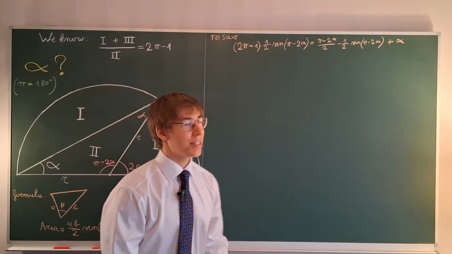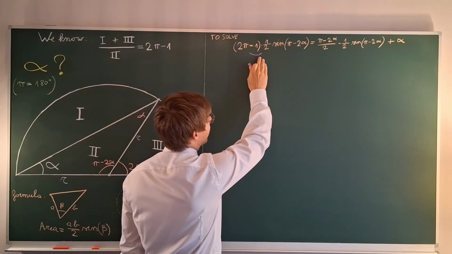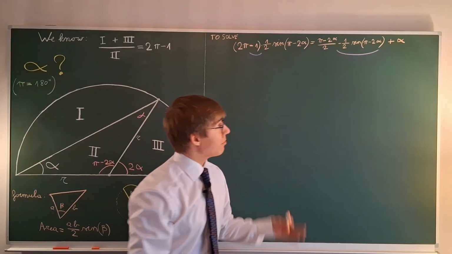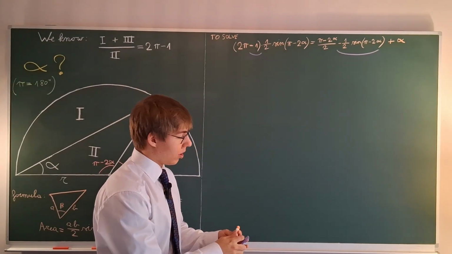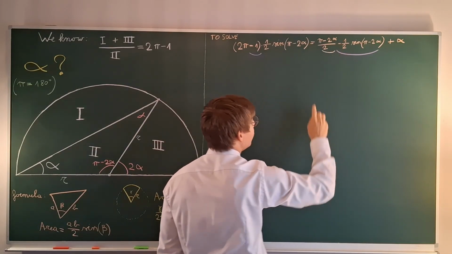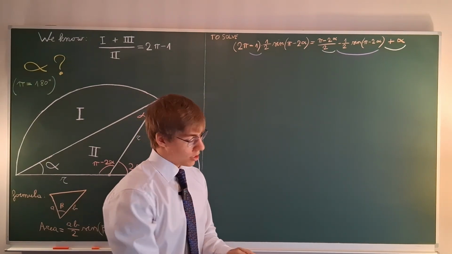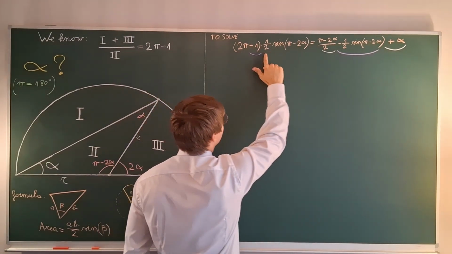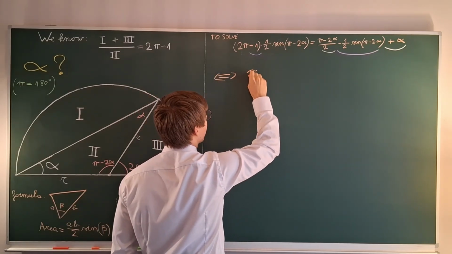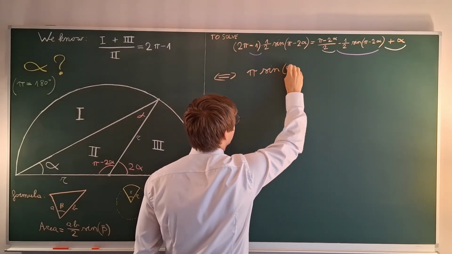So what is left to solve is this equation. Now notice that if we distribute this minus 1, that this will cancel out with this term, minus 1/2 times the sine of pi minus 2 alpha. And also notice that the minus 2 alpha over 2 will cancel with the plus alpha. So what is left is 2 pi times this, which is pi times sine of pi minus 2 alpha.